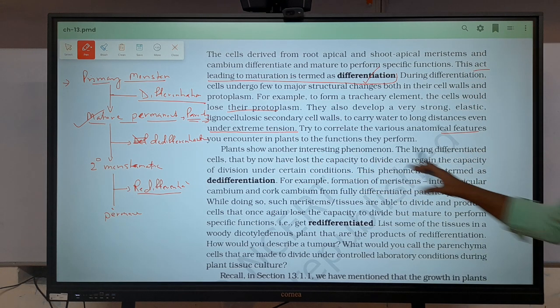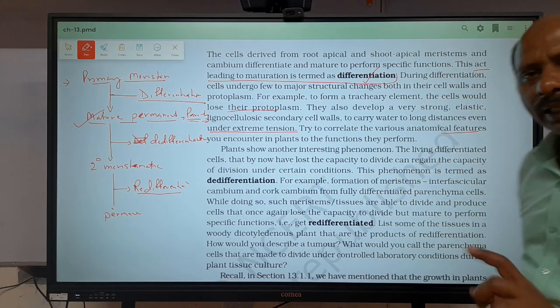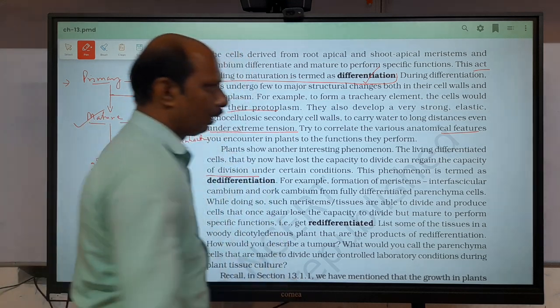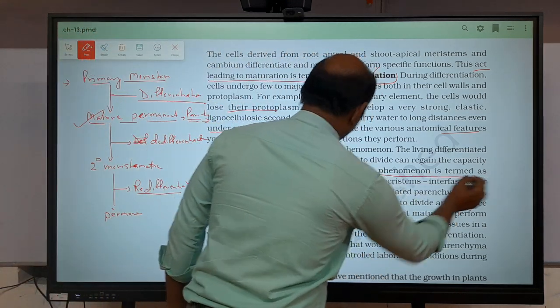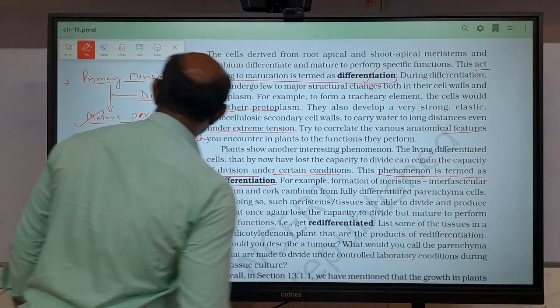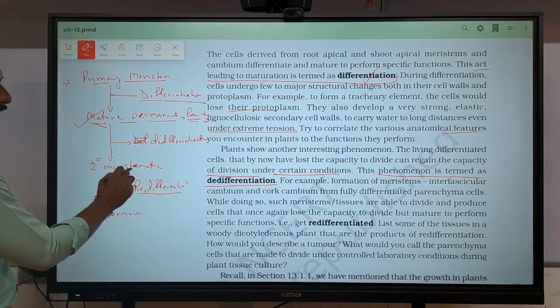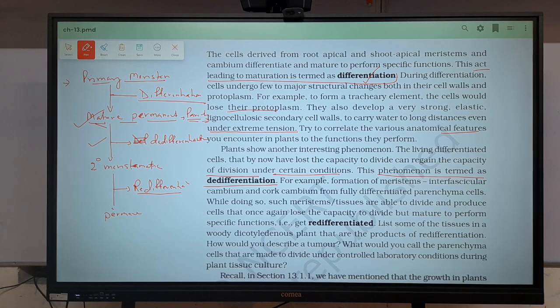The living differentiated cells that by now have lost the capacity to divide can regain the capacity of division under certain conditions, and this phenomenon is termed de-differentiation. Look here, I write here: these mature permanent tissues convert into secondary meristematic tissues, and this one is called de-differentiation.